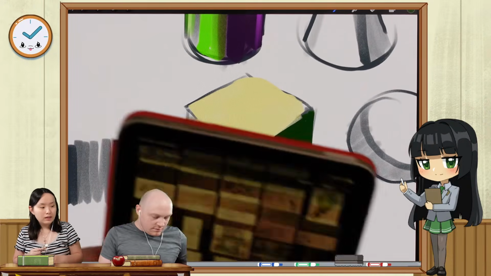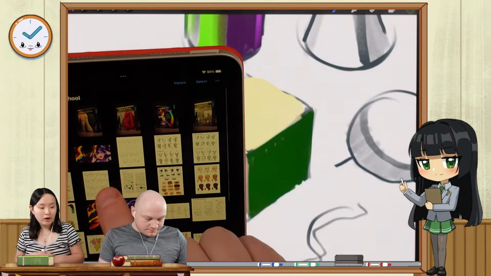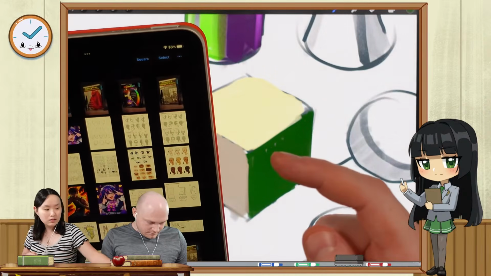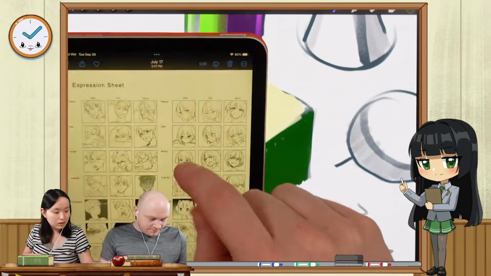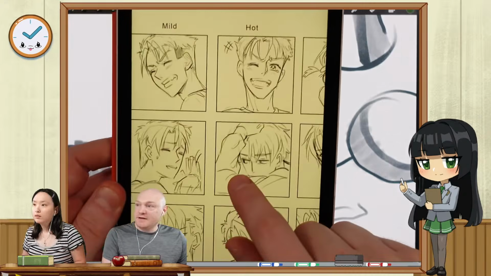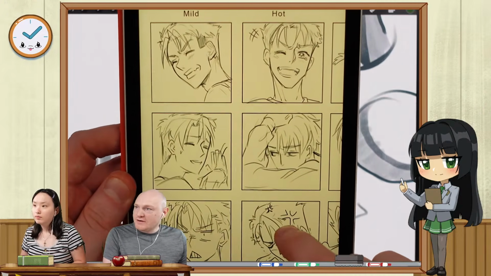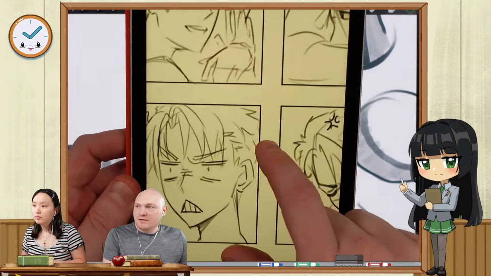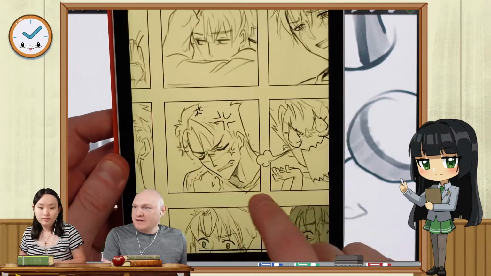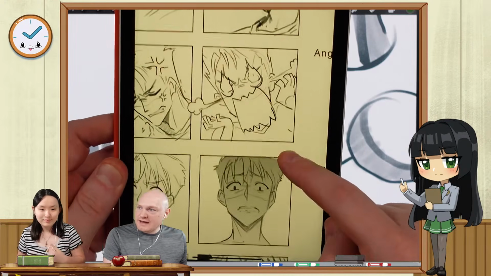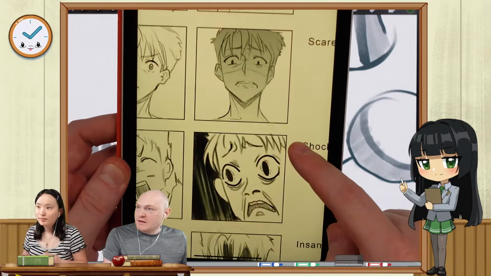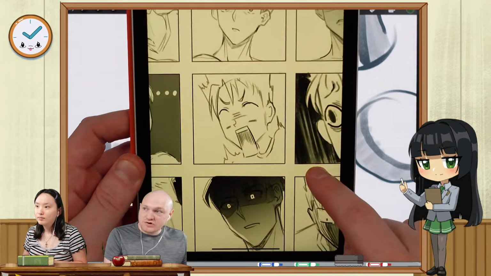The only classes that are more anime leaning are the heads. I don't know where the expressions are. There they are. This is specifically how to draw anime manga style stuff. But the figure drawing class is a figure drawing class. The costume drawing class is a costume drawing class.